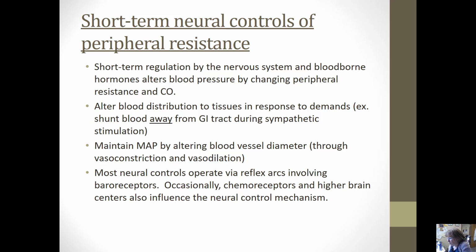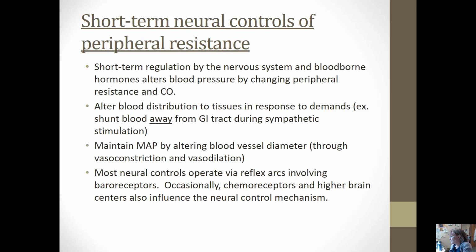So the closing of those precapillary sphincters can affect blood pressure in those organs that need it. We can maintain mean arterial pressure by altering blood vessel diameter through vasoconstriction and vasodilation, and most of these neural controls are going to operate using reflex arcs with the baroreceptors.